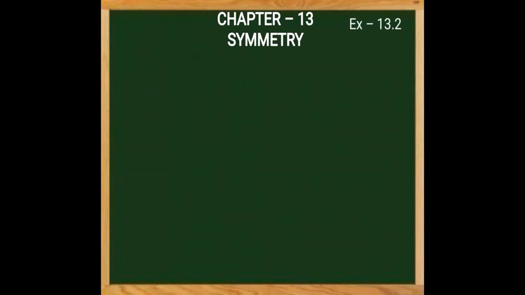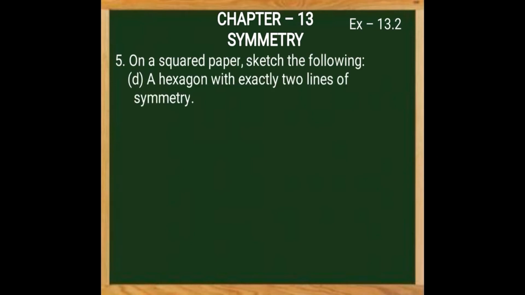Come on, the next part says we need to draw a hexagon with exactly 2 lines of symmetry. If you remember, we have dealt with a hexagon which has 6 lines of symmetry because it was a regular hexagon. But if it's an irregular hexagon, it means certain sets of opposite sides have equal measurements, but not all sides are of the same measurement.